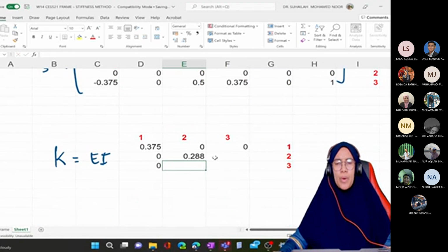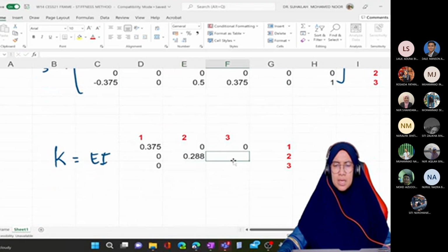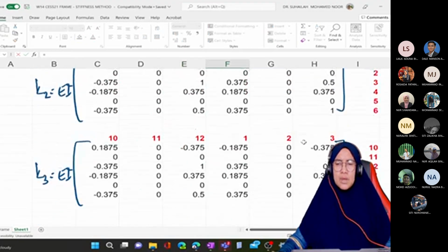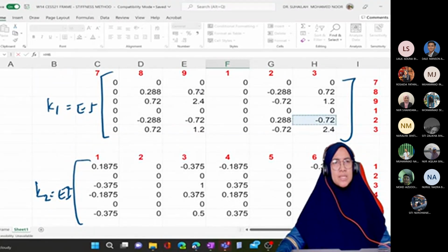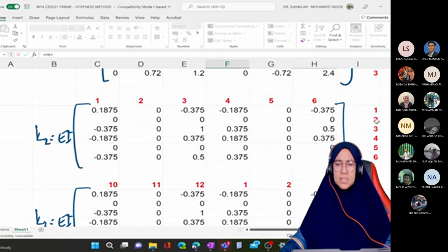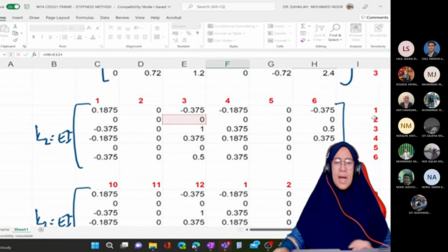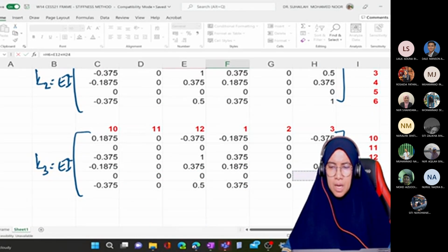So it is 0.288. Next is 2, 3. 2, 3 in K1 is negative 0.72, plus 2, 3 in K2, 0, plus 2, 3 in K3.